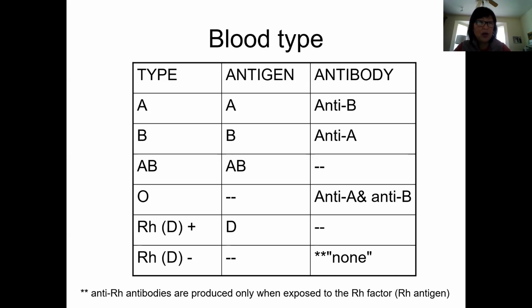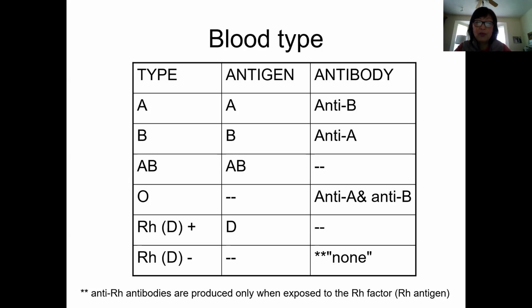Next one, if it's a type AB blood, that means on this RBC surface, you have both antigen A and antigen B. Next one, type O blood. If it's type O blood, on the RBC there's no antigen A, there's no antigen B.